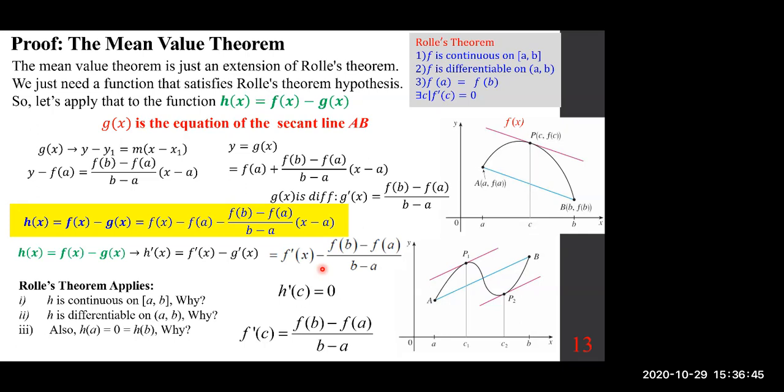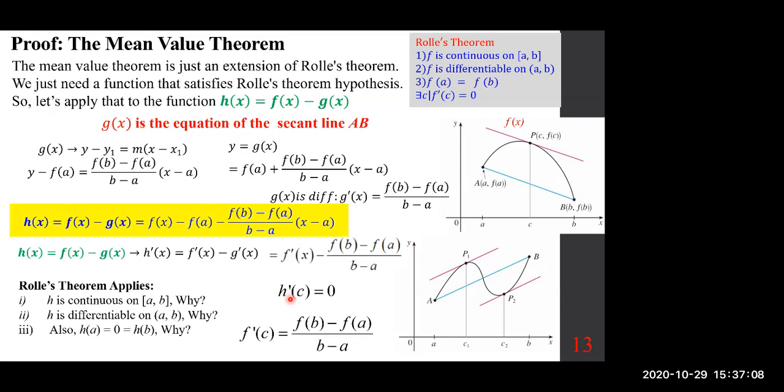I hope you see that when you set this one equal to 0, you're setting this one equal to 0, and it results in this one when the choice is c. Believe it or not, this is the proof of the mean value theorem, and as it was mentioned, Rolle's theorem is a special case of the mean value theorem, everybody.